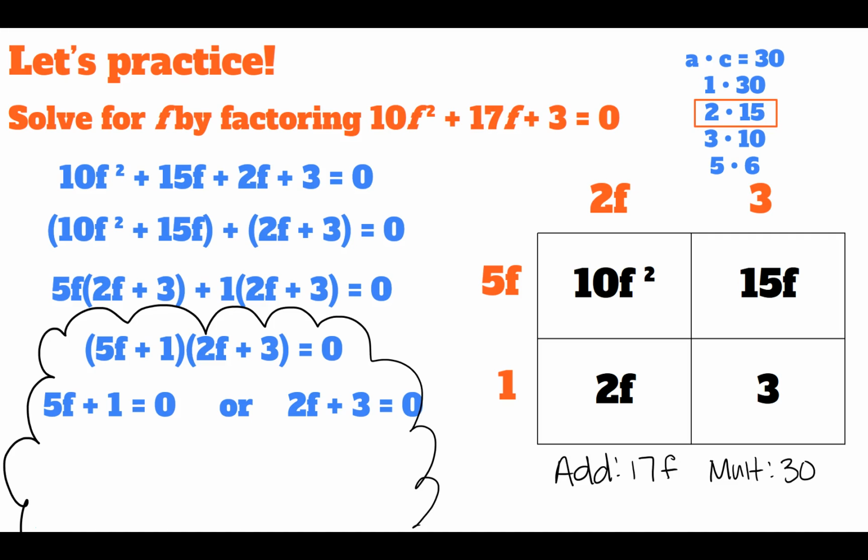The other one, 2f plus 3. What are we going to move away first? My loose number, which is the 3. How are we going to move it? Subtract. So we have 2f equals negative 3. Now we're going to divide by that 2. So we have f equals negative 3 over 2.